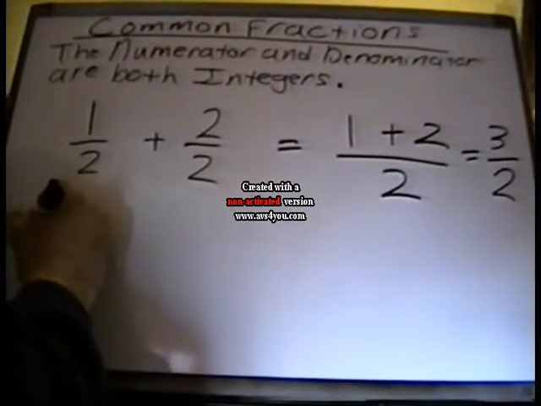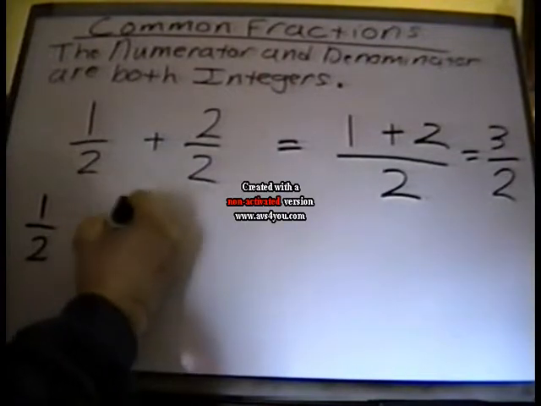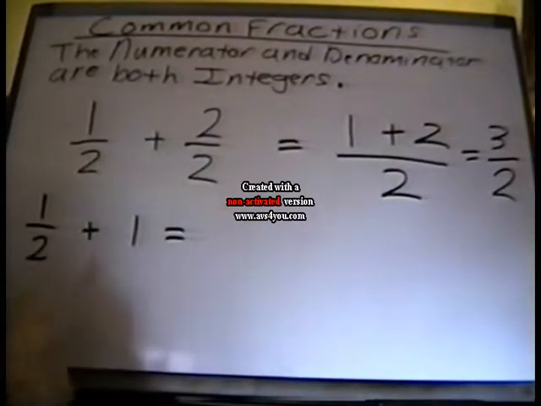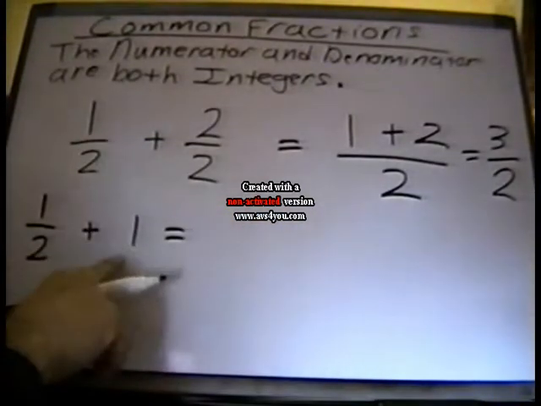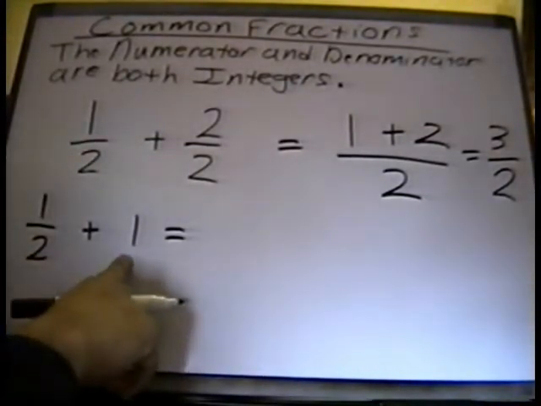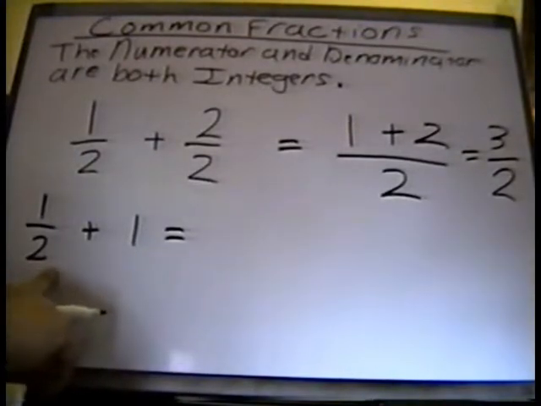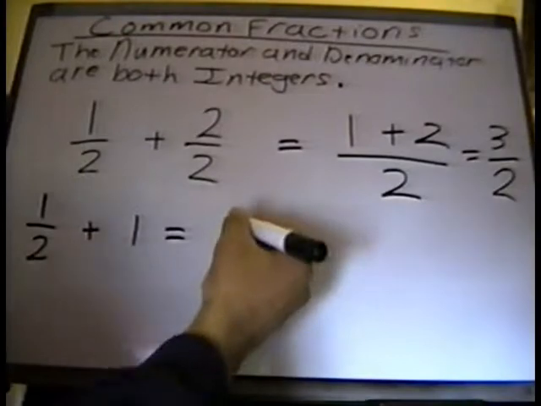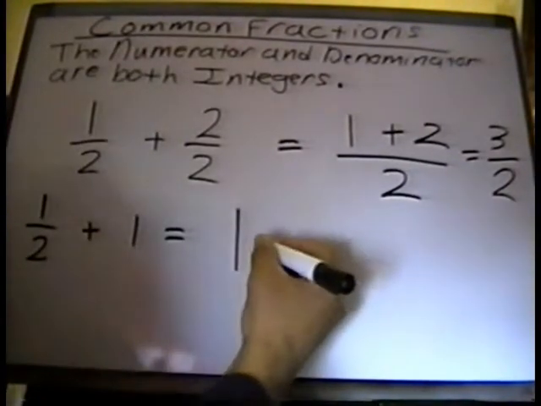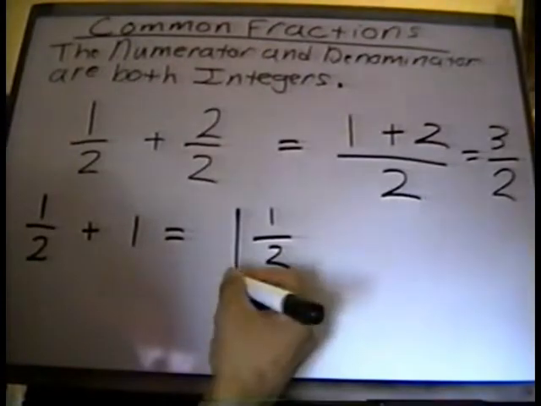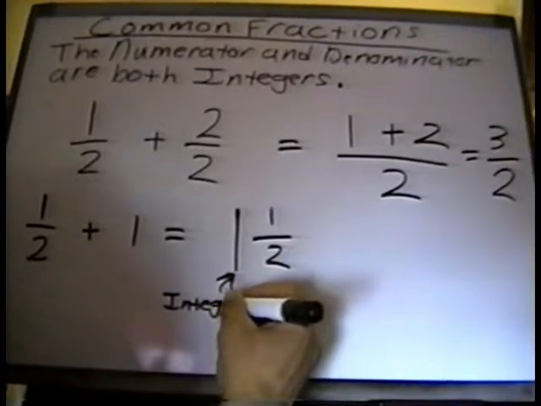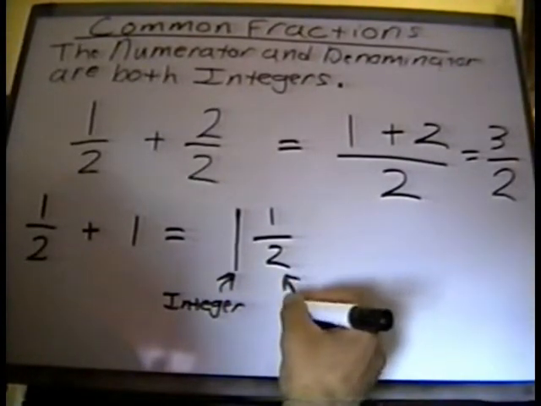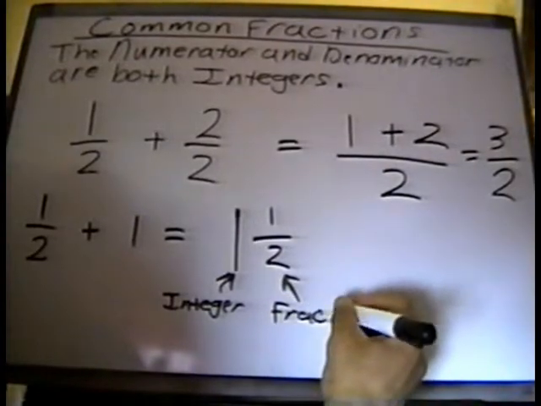Therefore, this equals 1/2 plus 1. But we say 1 plus 1/2. And you combine this. So here you have a number or an integer, and here you have our fraction. Now we're going to combine this. And here we have an integer number, and here we have our fraction.